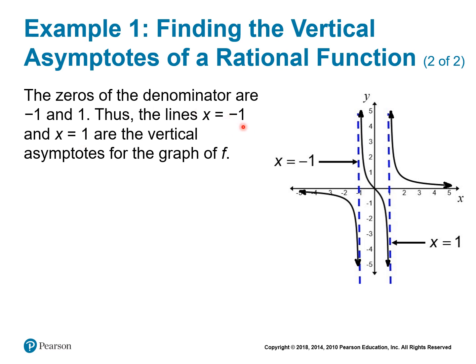When we did that, we came up with x equals negative 1 and x equals positive 1. They are also the zeros of the denominator and just the denominator and not the entire rational function. All right. So we have shown here the asymptotes using dashed lines passing through x equals negative 1 and x equals positive 1.